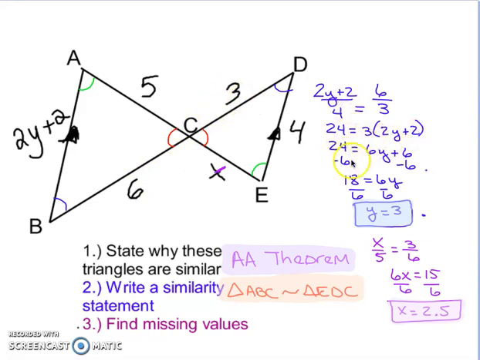And you should have ended up getting that y equals 3. And for our second variable, the x here, I took x and put it over this 5, this corresponding side, and set that equal to 3 over this 6. And when we solve for that, we find that x equals 2.5.